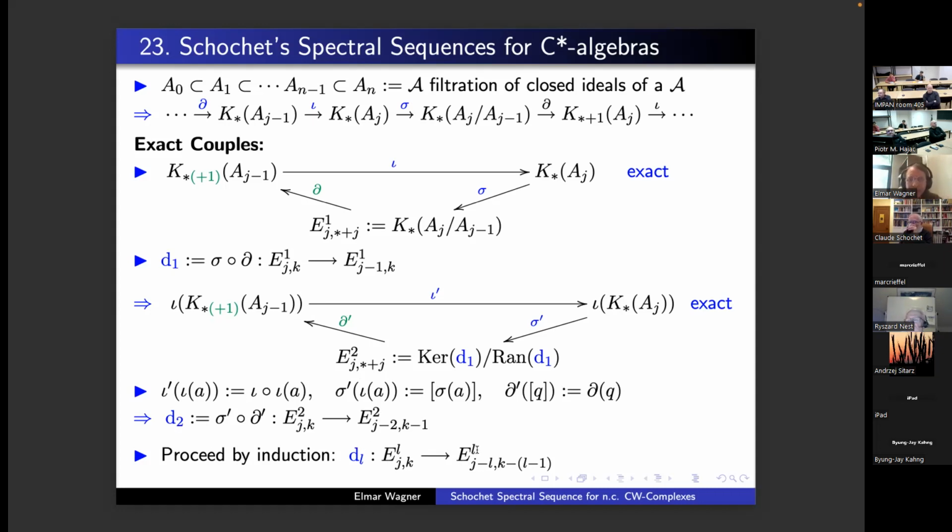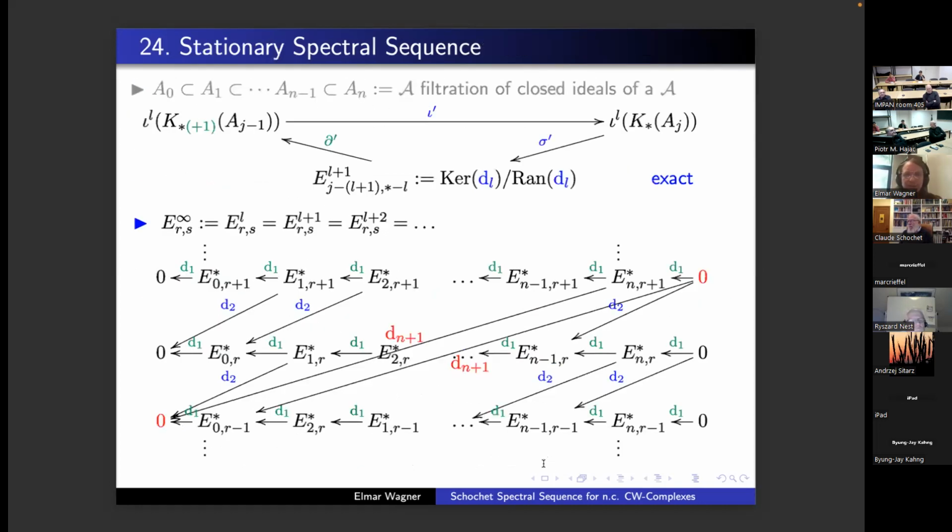I choose the convention dual to homology: in homology, the spectral sequence goes L to the right and L minus 1 up, and I go L times to the left and L minus 1 down. That's just convention. So I tried to write everything on one slide, with these exact couples by induction.